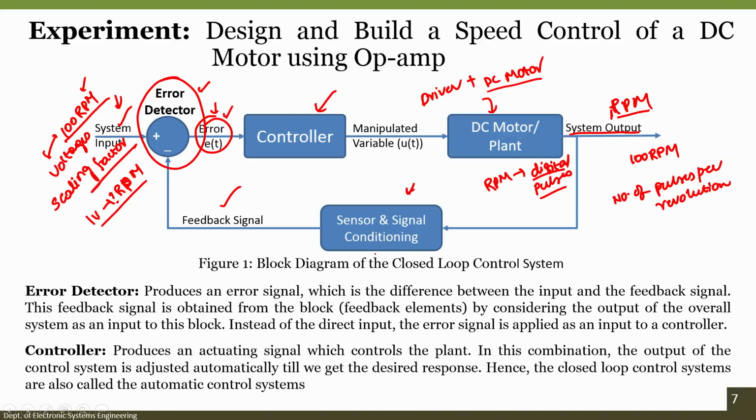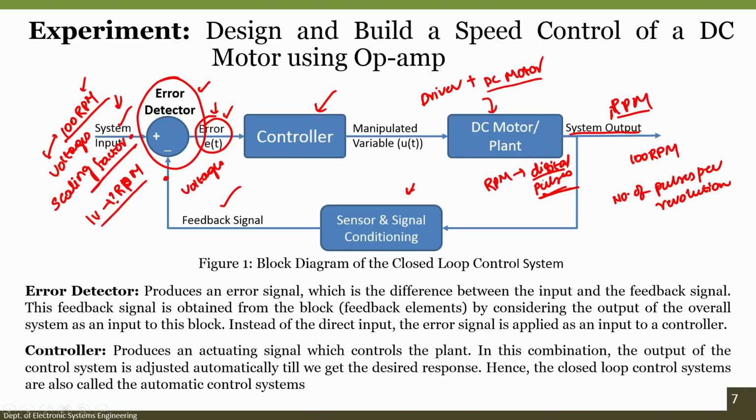Once we know that, the digital pulses give an indication of the RPM, but our system requires the output in terms of voltage, linearly proportional to the change in RPM, so that the output matches the input in terms of units, not magnitudes, and both can be easily compared. But with these digital pulses, that is very difficult.